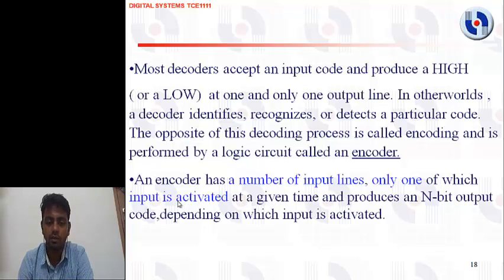So if externally we are giving input from the keyboard to the computer, we are pressing one alphabet or numerical key. That data is received by this encoder, and the encoder encodes the data into binary, which will indicate that address, and we get the data which is saved at that address from there.